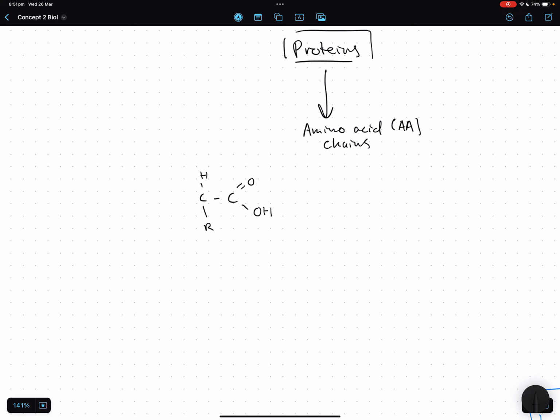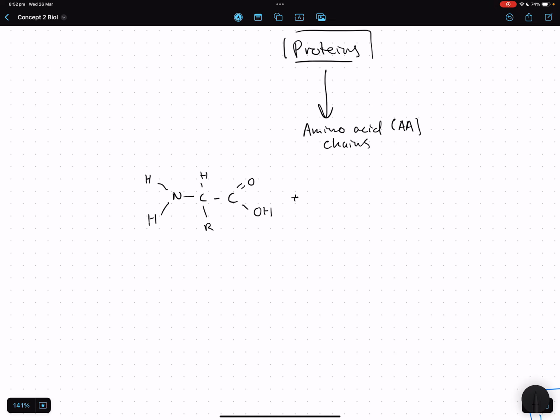If you see this structure, this is an amino acid, C, and it joins to this NH. This is an amino functional group, and this forms two other amino acids through something called an amide bond, which is a bond between this carboxyl group and this amine group.